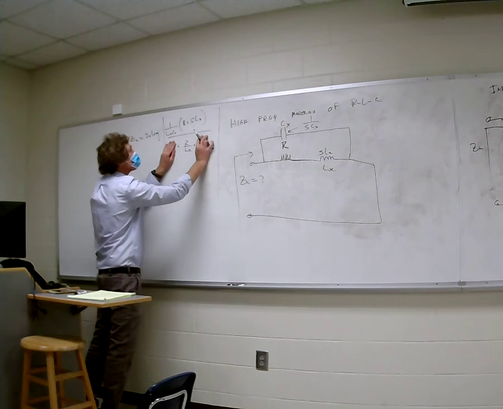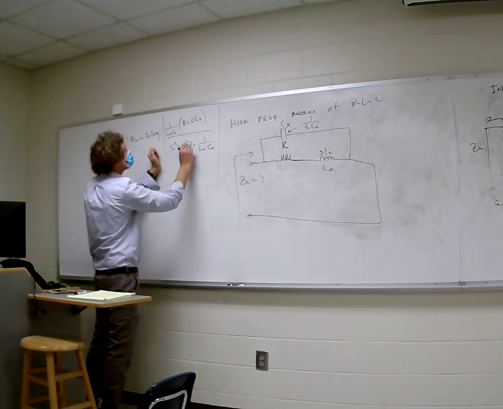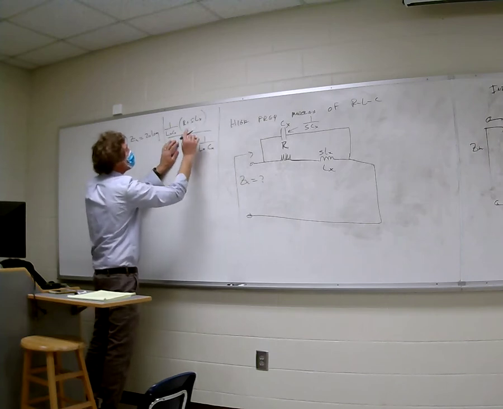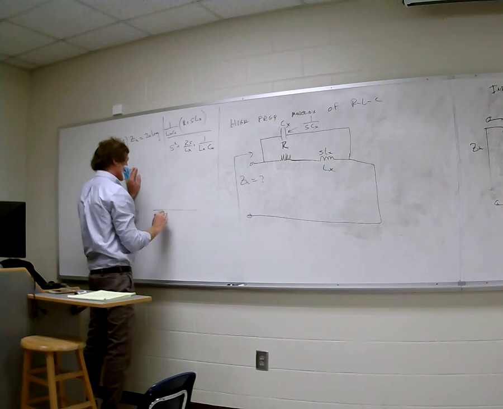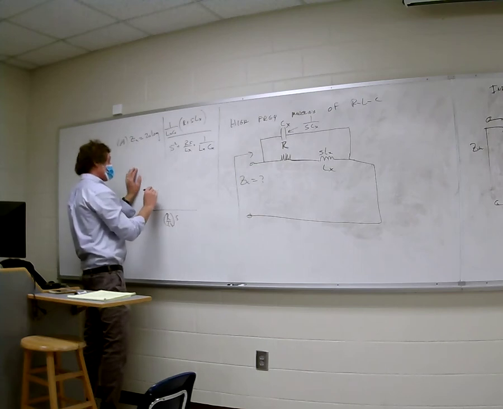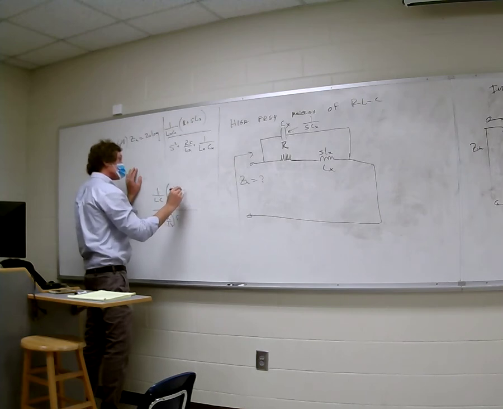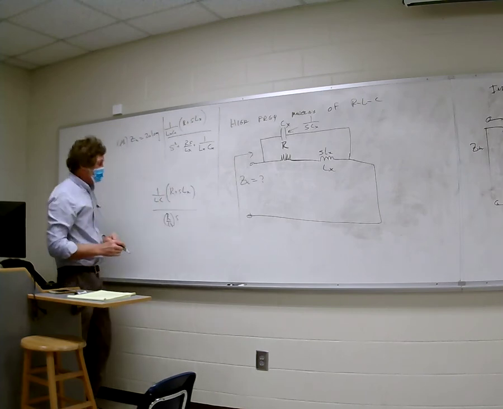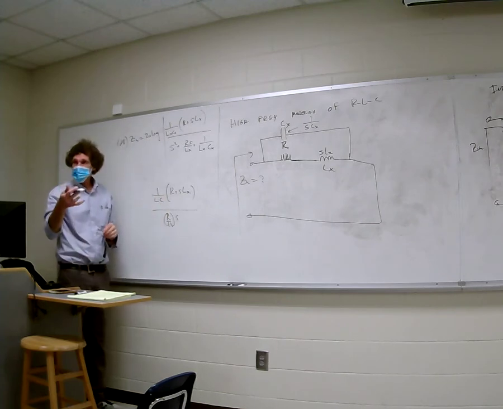At resonant frequency, I should have been an S there, you're going to have this downstairs, and you're going to have this upstairs. Now you would put in S equals j omega self-resonance in there.